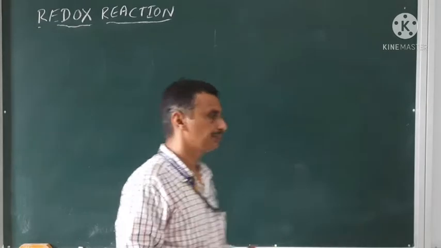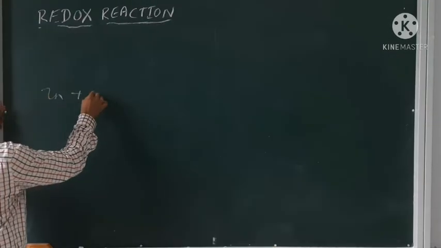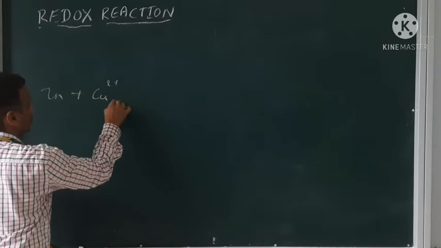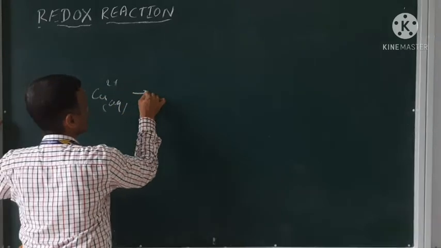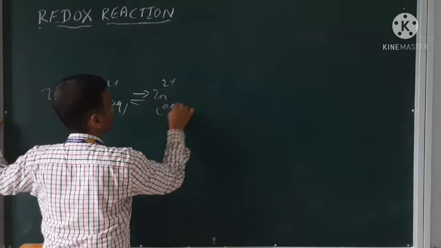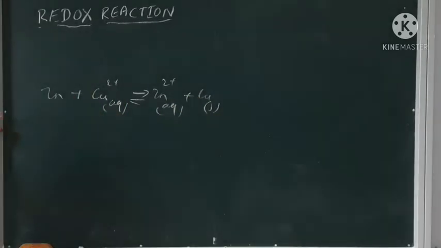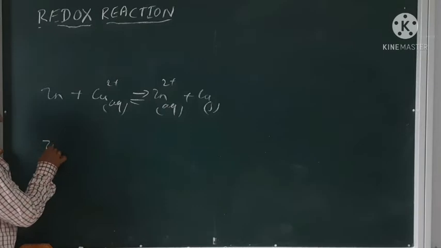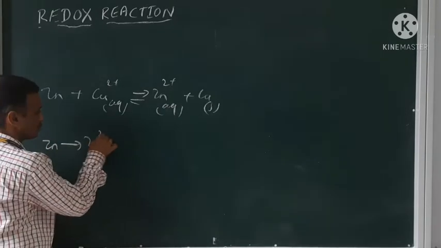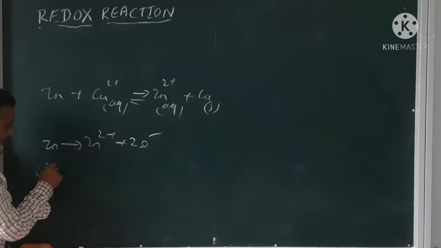Now see here, zinc plus copper 2 plus aqueous gives zinc 2 plus aqueous plus copper solid. See here, zinc is giving the electron and the given electron is taken by copper 2 plus ion.